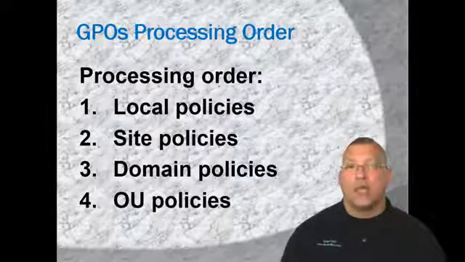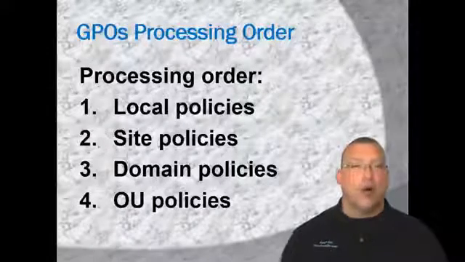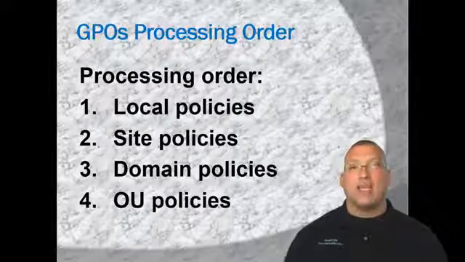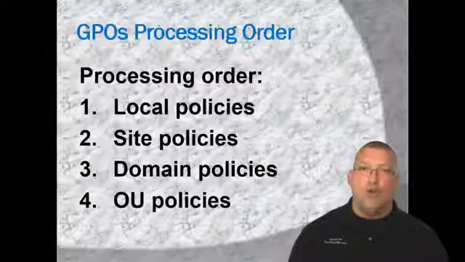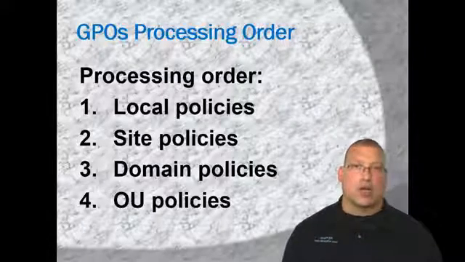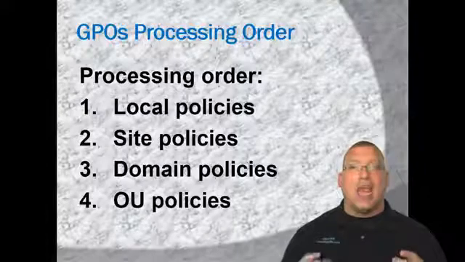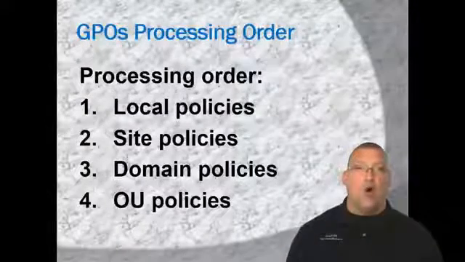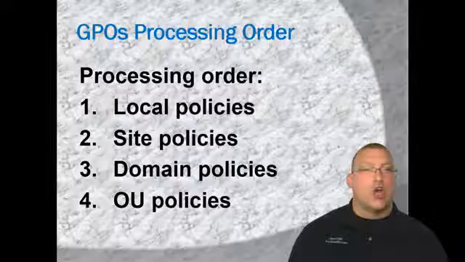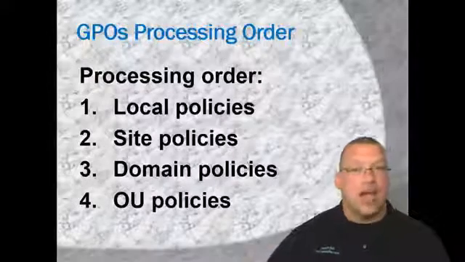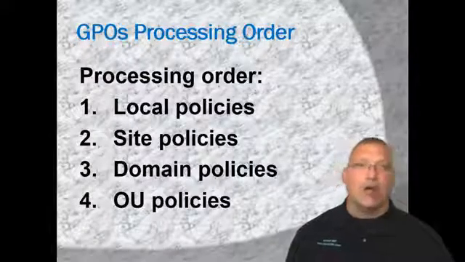Now, the reason why a lot of us set up multiple OUs is because it makes it easier for us to control and manipulate Active Directory. Because one of the advantages is that each OU can have its own GPO. So, let's say I have a sales OU and an IT OU.